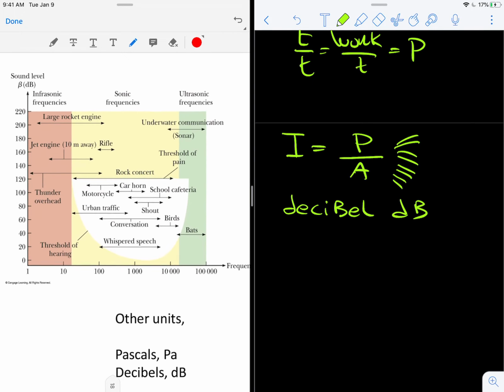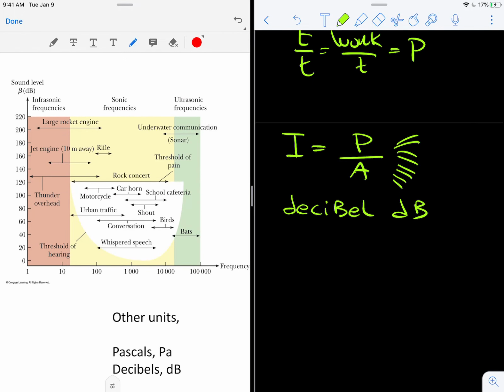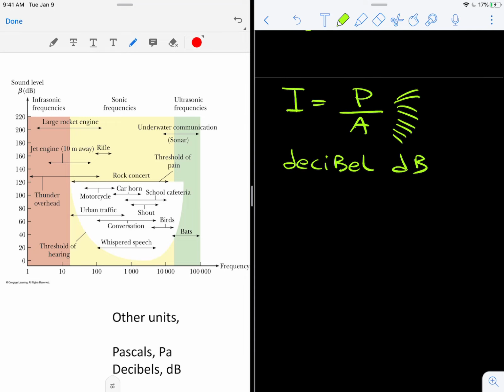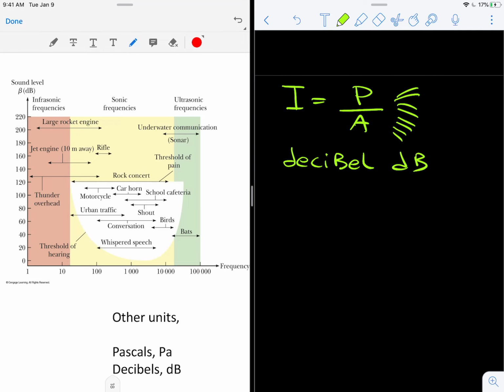And here again, this is another chart that shows you the range in terms of decibels. So yes, the loudness can be measured in a couple of different units. It can be measured in terms of pressure or pascals, or in decibels, dB.